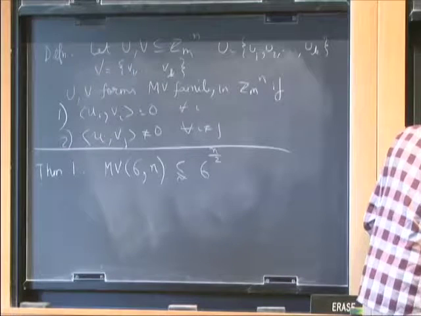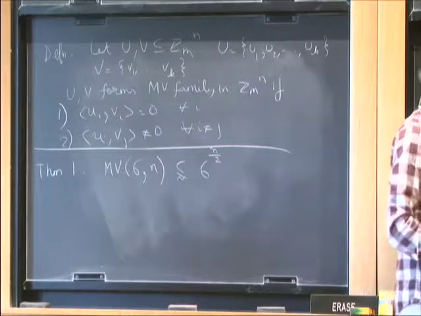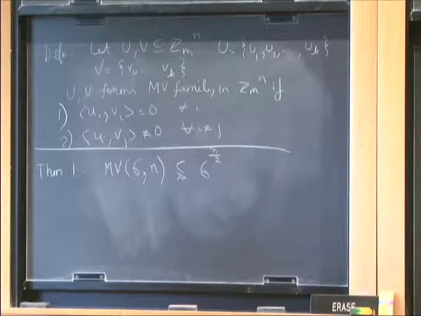Okay, now if m is fixed and composite, and this is where it finds applications in good locally decodable codes, you have a construction by Grolmusz which gives you something super polynomial, where l is the number of distinct prime divisors of m, where m = p1^alpha1 ... pl^alphal.